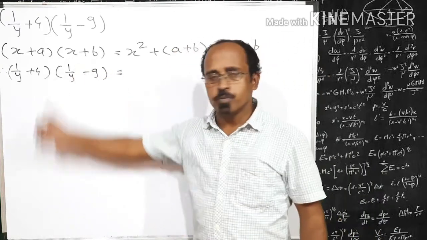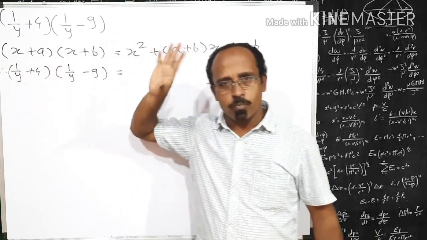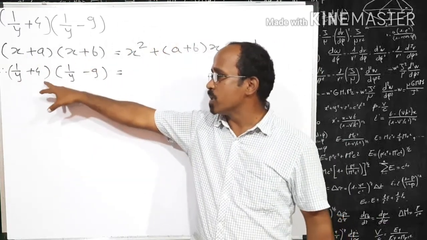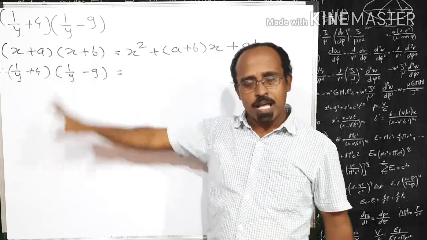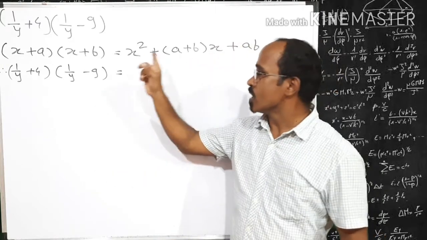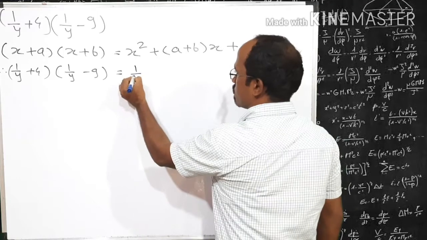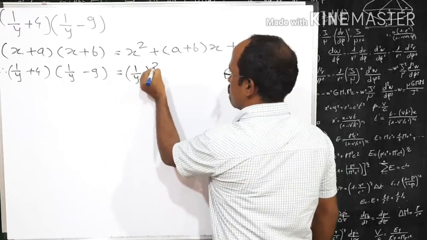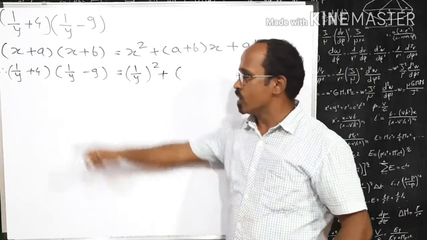If you carefully observe the board, you will come to know that x can be replaced by 1 upon y, a will be replaced by 4, b will be replaced by minus 9. So let's replace x square with (1 upon y) whole square, plus into the bracket a plus b.